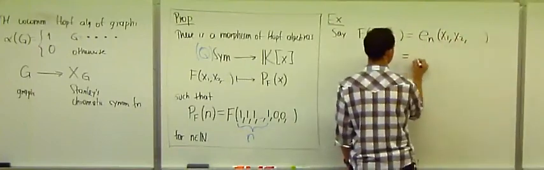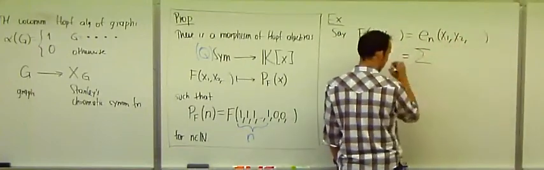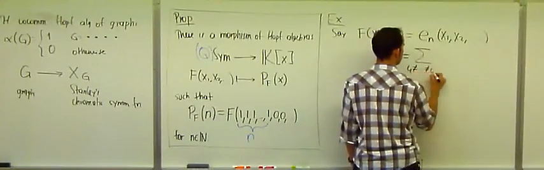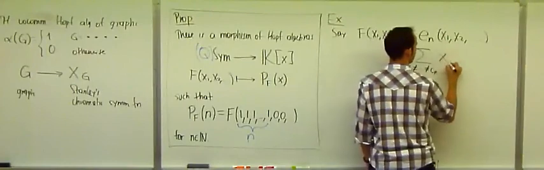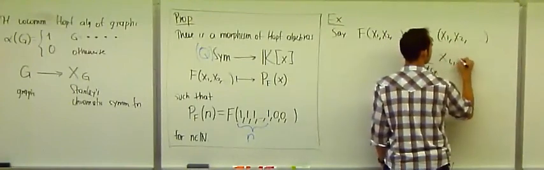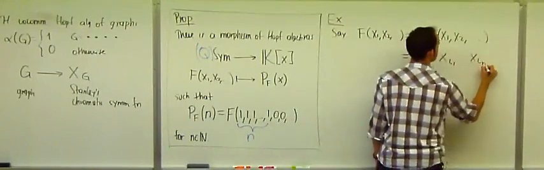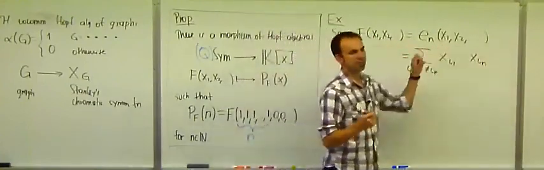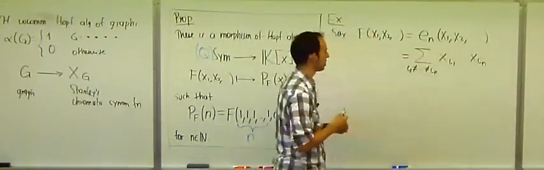So remember, this is just the sum over i1 different from i2 different from ... ik of x_i1, x_i2 up to x_ik. Okay, so it's the sum of all the products of k of the x_i's that are different from each other.